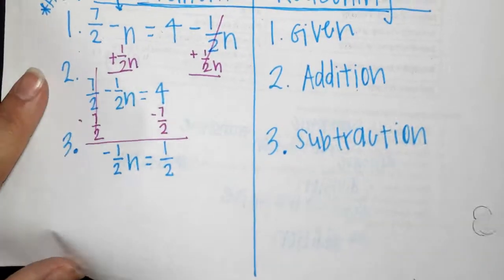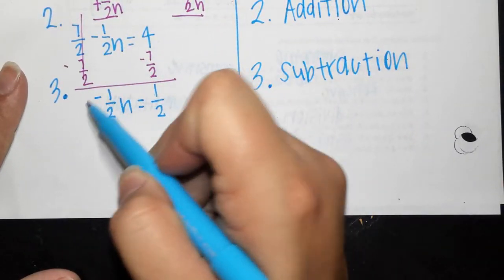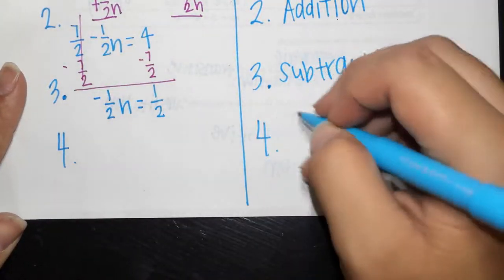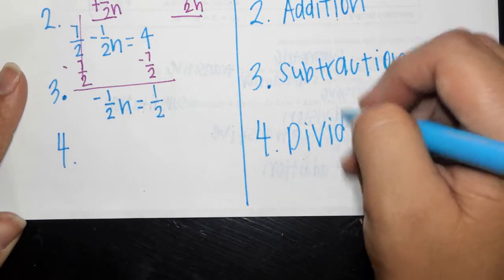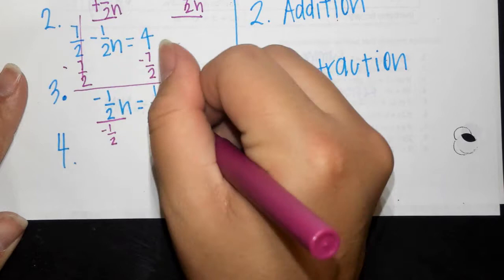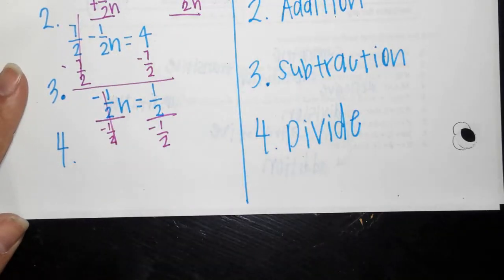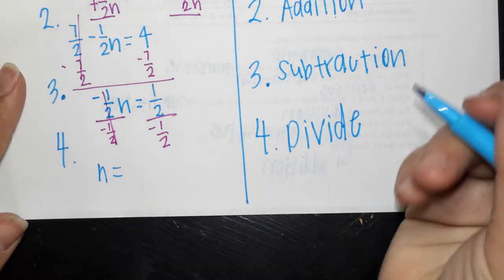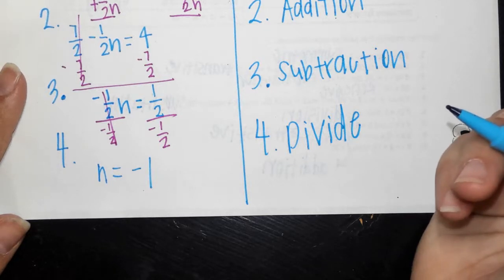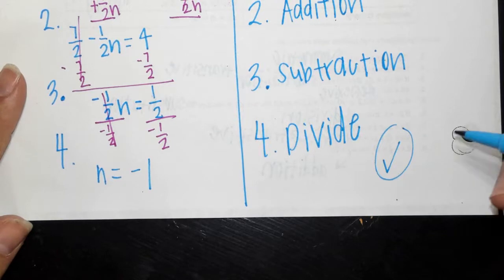So we're almost there. Now technically you could break this into 2 more steps: multiply both sides by 2 and then divide, or you can just divide the whole thing. That's what I would do. So I would divide both sides by -1/2. So what's n equal to? -1. Was that our conclusion? Yes. Awesome. We're done with this one.